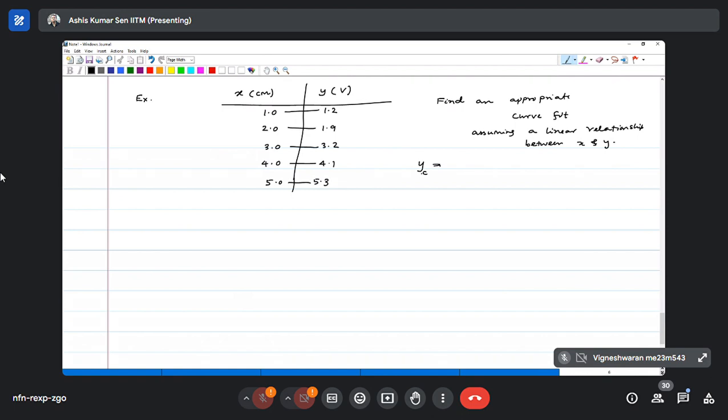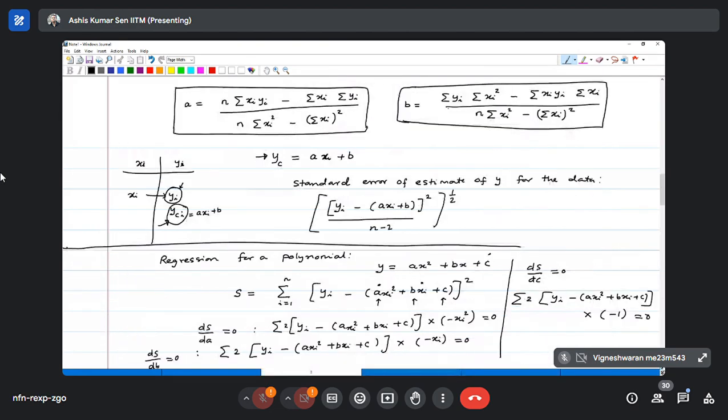Let's say we write y subscript c is basically ax plus b, right? So we have to now go to our theory, where we wrote down the values of a and b.